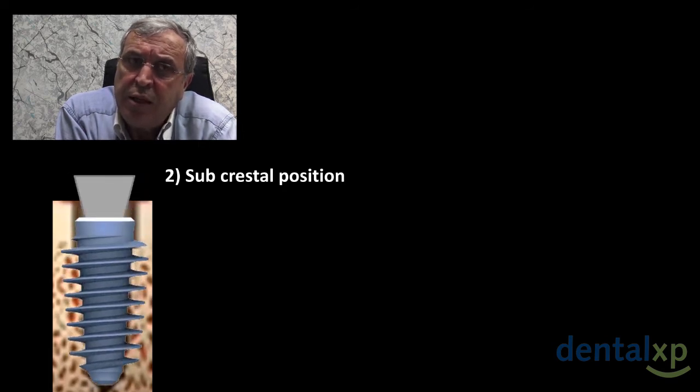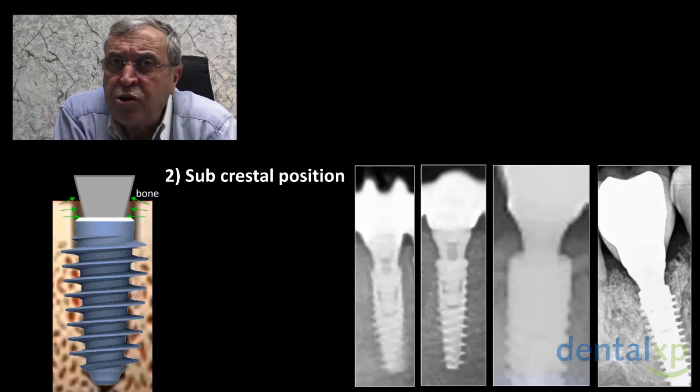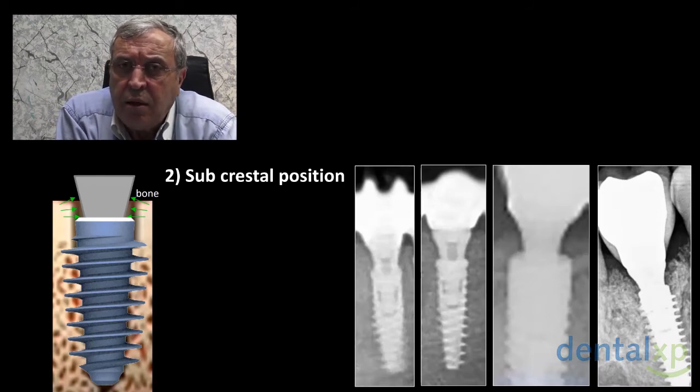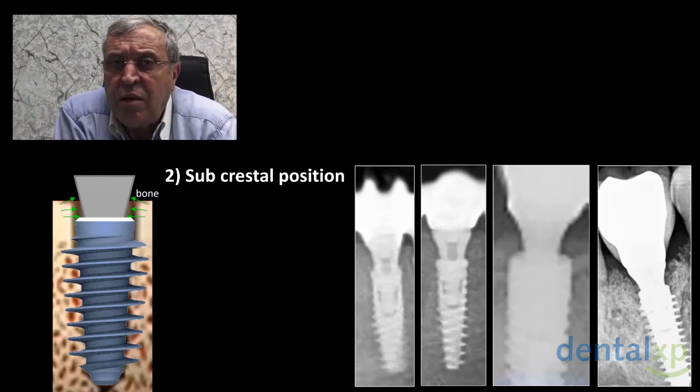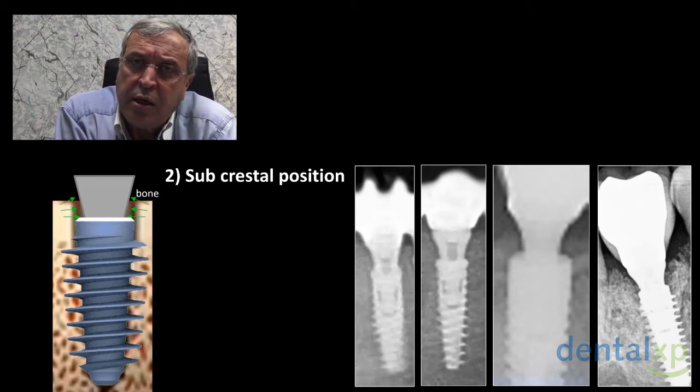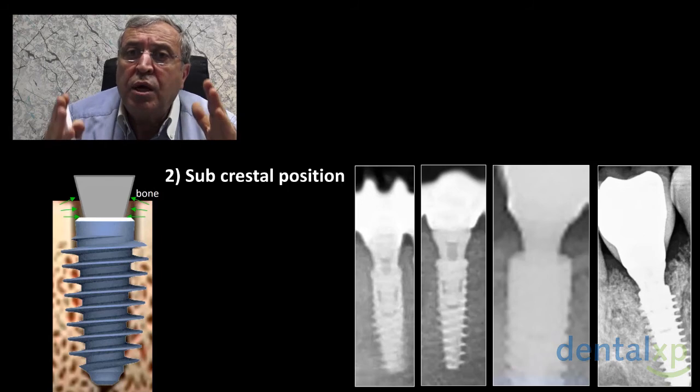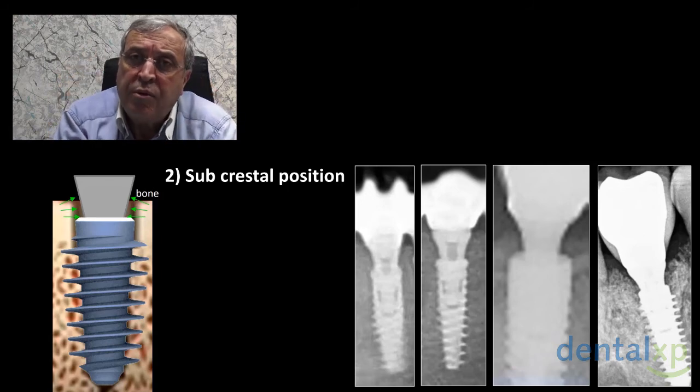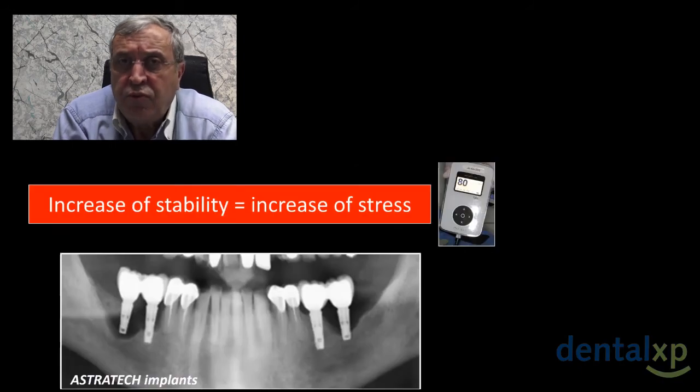And then in the cortical zone, without pressure, we can see that the bone is growing because there is no pressure. And this is why when we place an implant subcrestally and we use a switch platform, we see the bone growing above the implant because it's the best biologic condition for the blood supply.